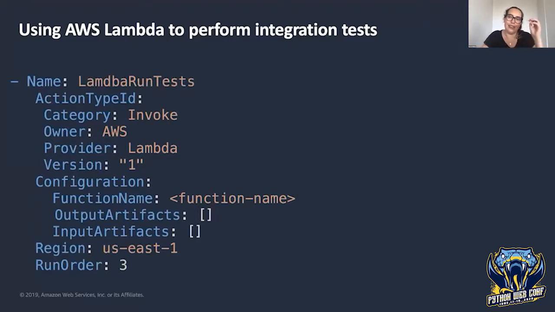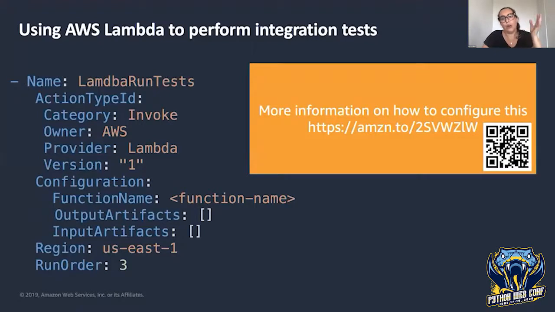So this CloudWatch Synthetics will be really cool in the production phase. I will talk a little bit about that later on. If you want to read more about how to use Lambda functions to perform integration tests, this is the place to go. I will leave this on the screen so you can take a picture and save the link.